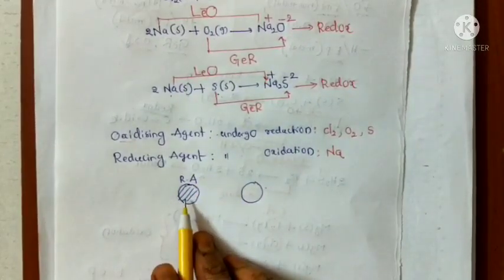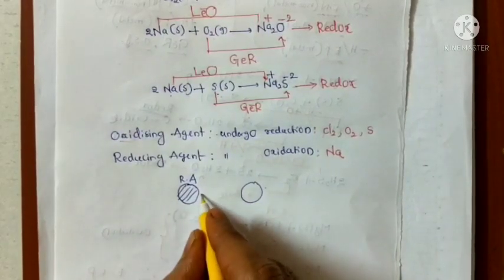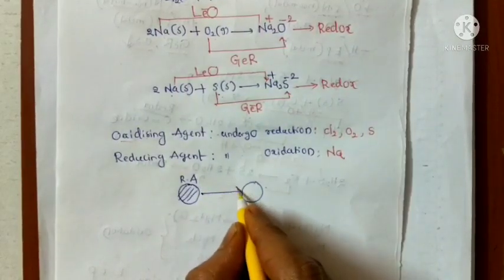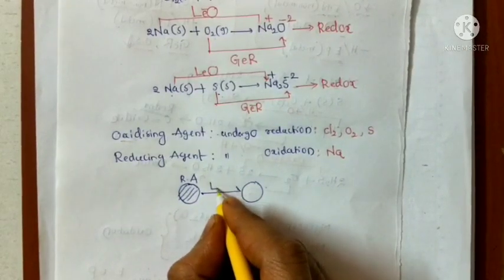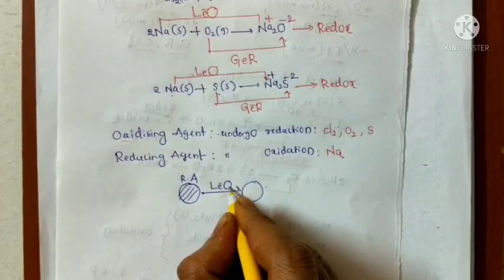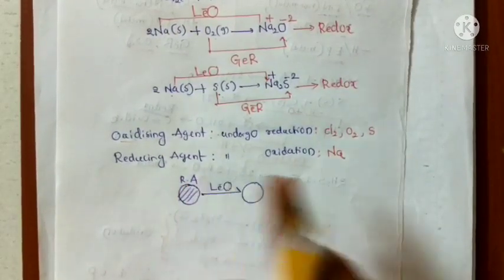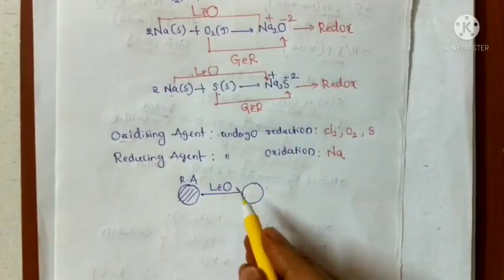A reducing agent always has more electrons, that's why it can act as a donor. Donor means loss of electrons. Loss of electrons is called oxidation. So a reducing agent always undergoes the oxidation process. The best example for this is sodium.